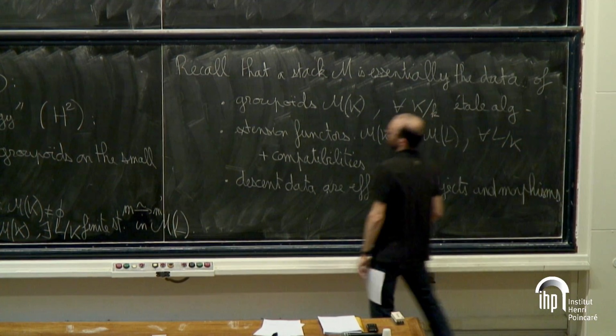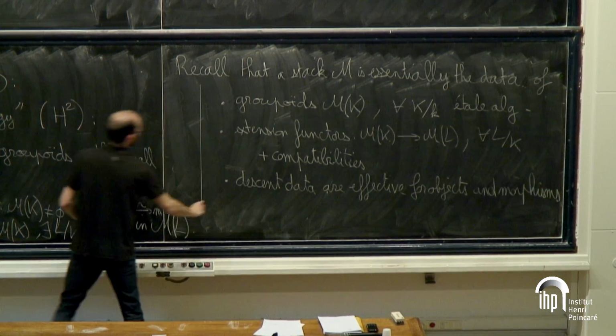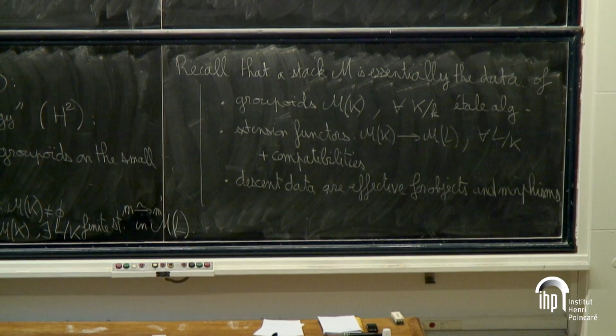Okay. So why do we need such a strange thing here? The idea is that this object, a gerb, is a very natural way to encode a descent theory, say, without cocycles.